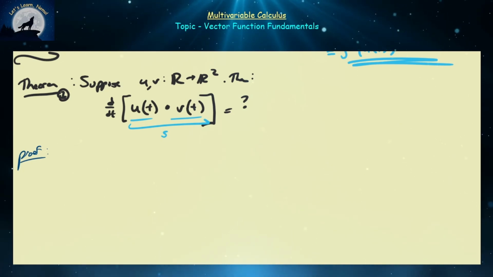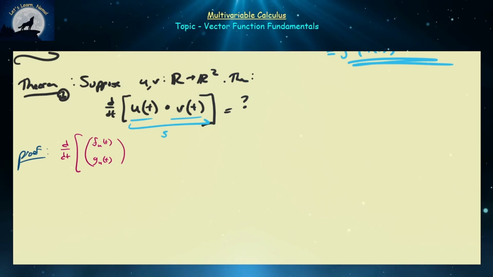So this is going to be equal to what? That's going to be equal to the derivative of, let's call the component functions f and g for both u and v: fu, gu, fv, gv. So this is equal to the derivative of fu of t and gu of t, dot product with fv of t and gv of t.